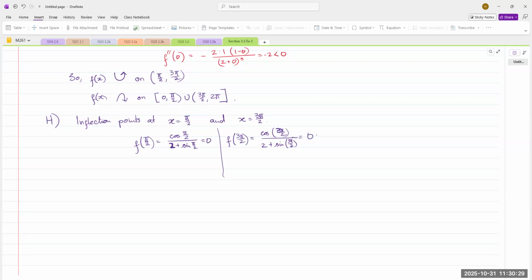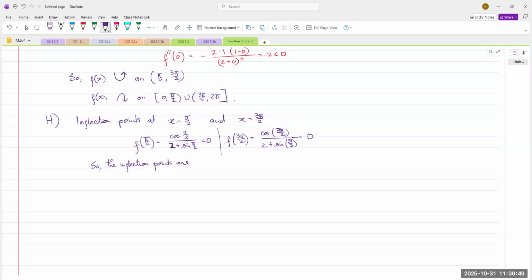Okay, so the inflection points are pi over 2 comma 0 and 3 pi over 2 comma 0. All of these in the first period 0 to 2 pi.